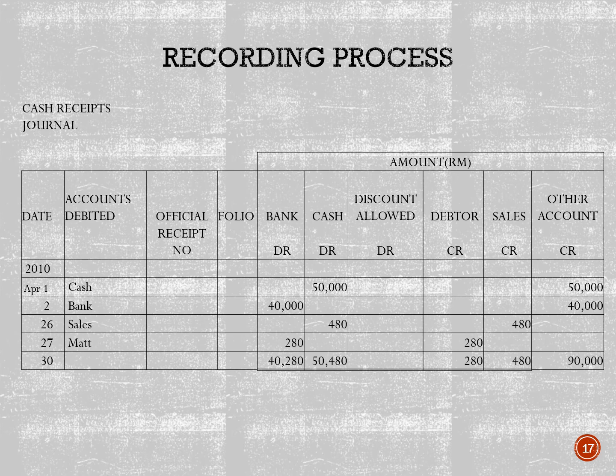So you have put cash here, debit 50,000, 40,000, sales by cash 480, and Mac dia dapat duit 280. So this one more on the amount of the catatan untuk cash receipt journal.